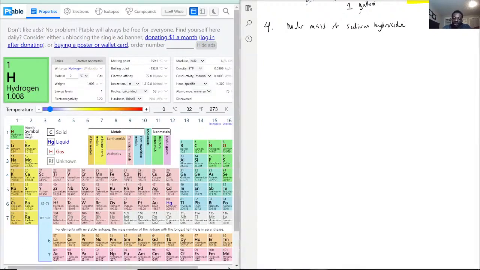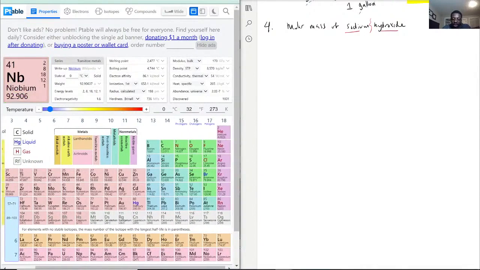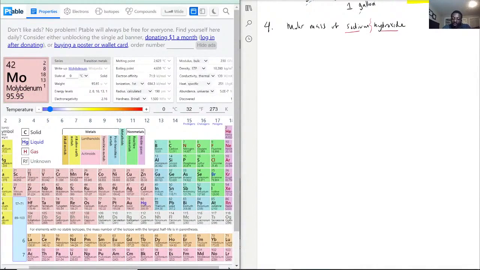Okay, I like to draw a line right there, just because it usually separates and distinguishes what type of molecule you have. So we have a sodium and a hydroxide. Hydroxide, that's the one you kind of have to memorize, and we did briefly discuss it. Hydroxyl groups are just the OH.